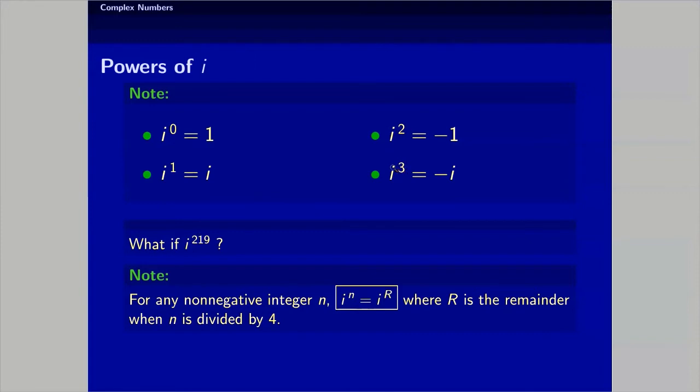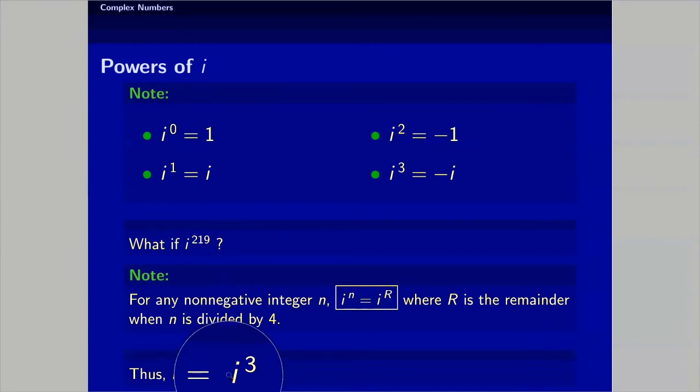Okay? So, therefore, i raised to 219 is equal to i raised to the remainder when 219 is divided by 4. Right? It's 3. So that's why i raised to 219 here is equal to i cubed.